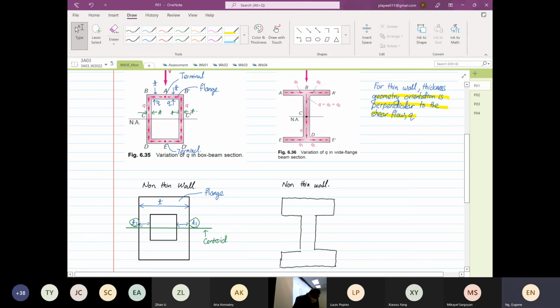Before I go on, can you all see the arrows in the shear flow in the thin wall analysis change? Right, it changes.